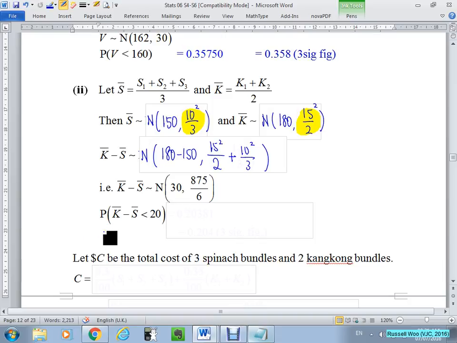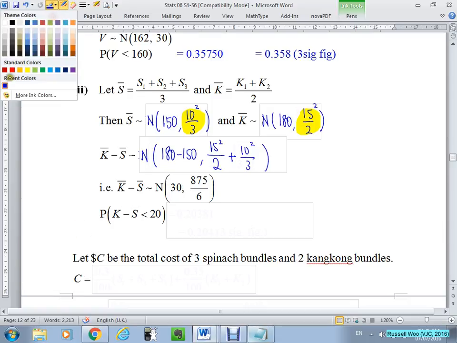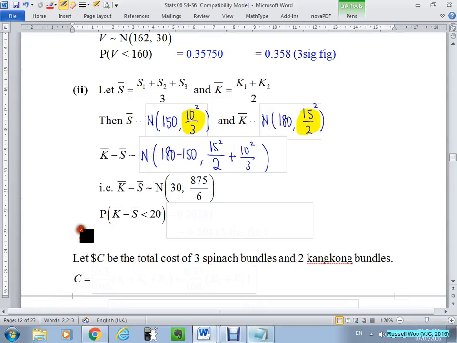Strictly speaking, sorry, I better do it in red. You want probability, like that, right?